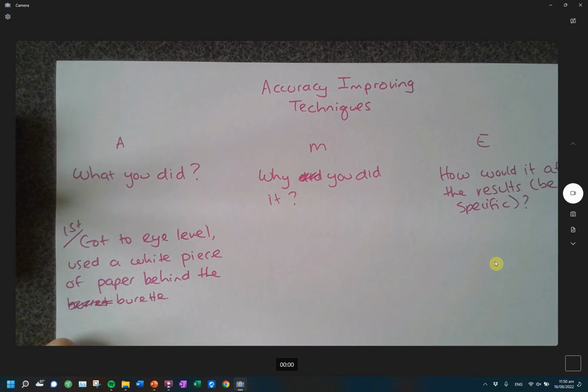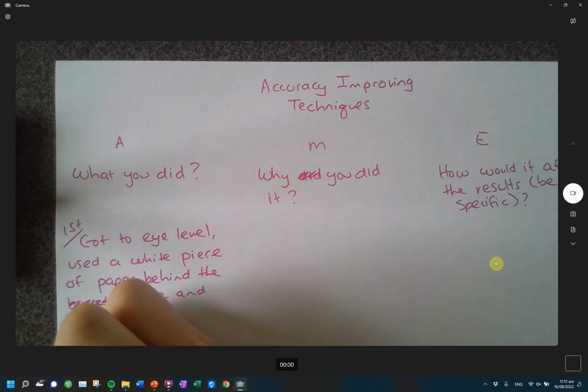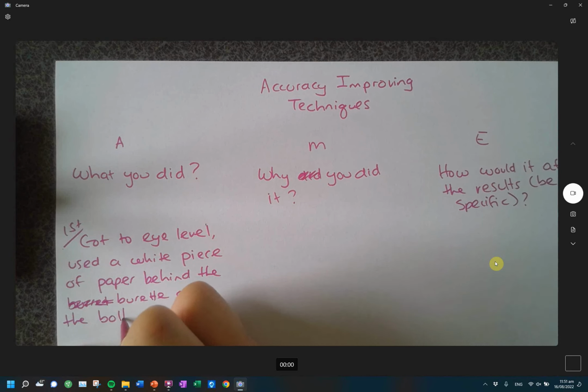Got to eye level, used the white piece of paper behind the burette, and read the meniscus. Read the bottom of the meniscus.